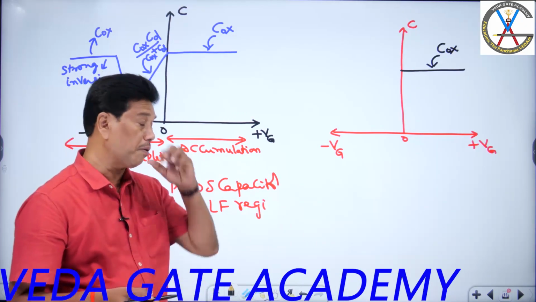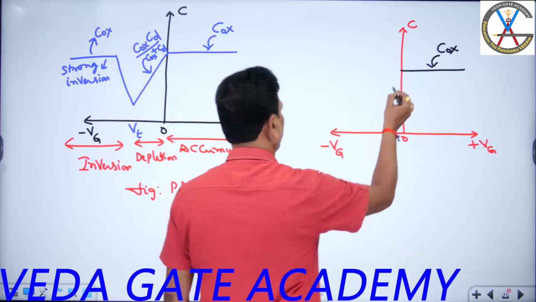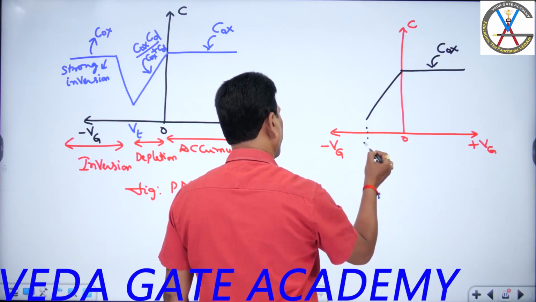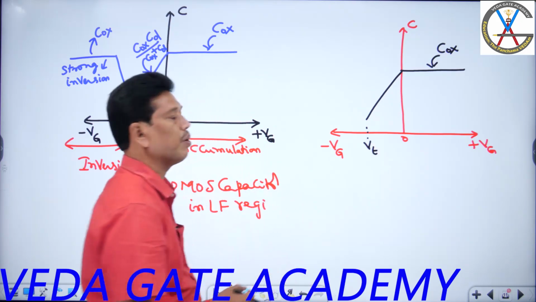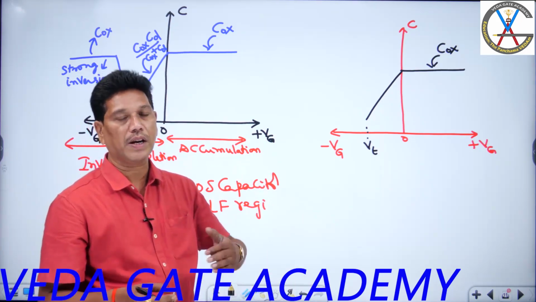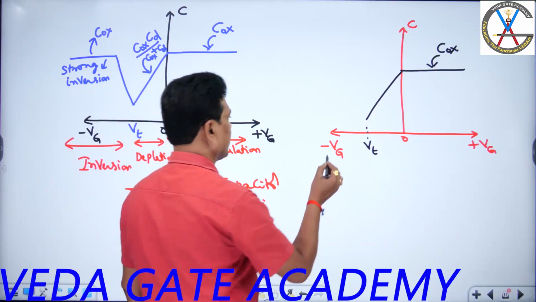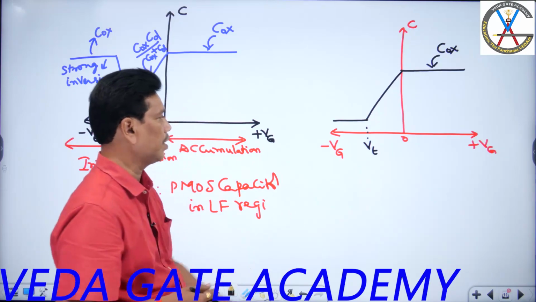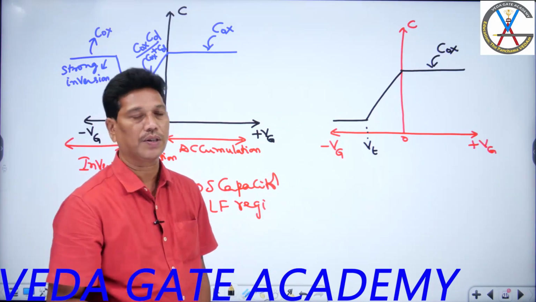No change, even in the high frequency model. Next, the depletion mode, no change, and it comes to minimum at VT. After that, inversion mode is not possible here because the barrier is effective at high frequency, so the capacitance is minimum and constant like this. No change in that, so no inversion mode here, sir.